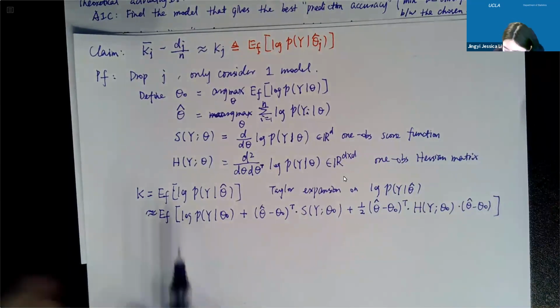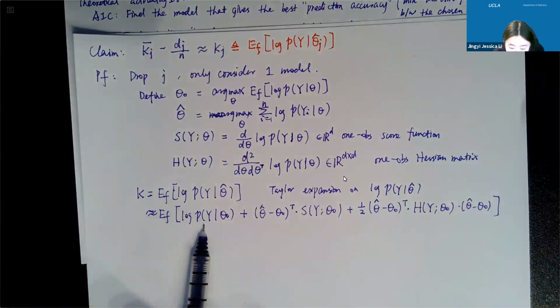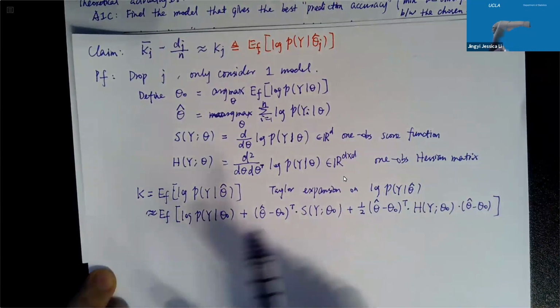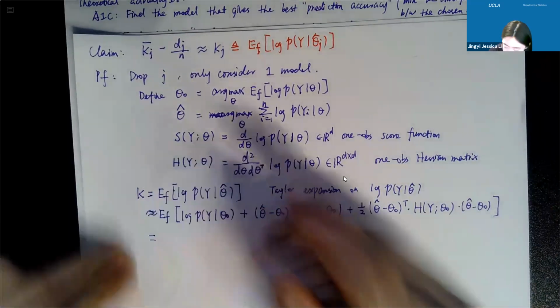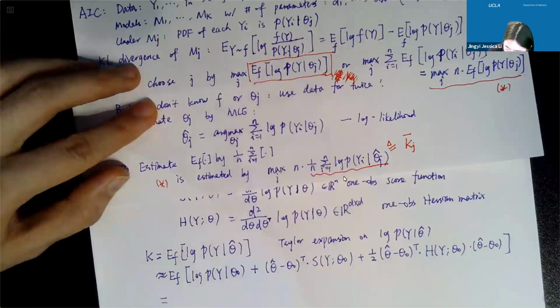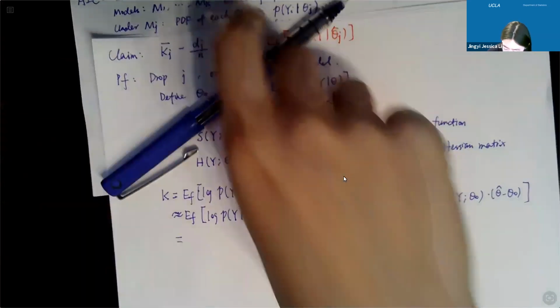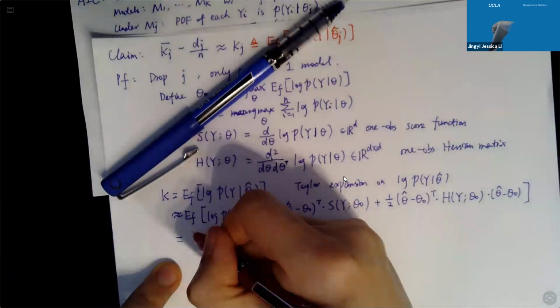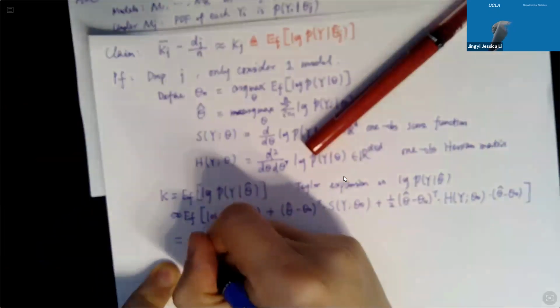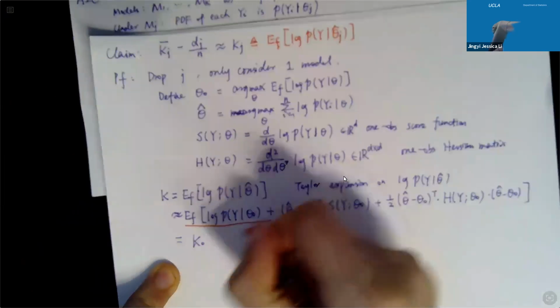Okay, now don't forget that we have the expectation. So the first term, this term is what we have here. It's not the true model, it's the best model parameter. So for this one, we are going to define it as K0 from now on, just for notation convenience.